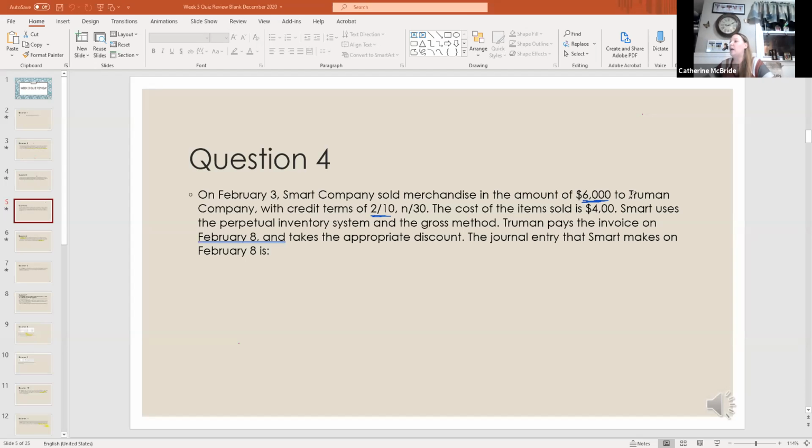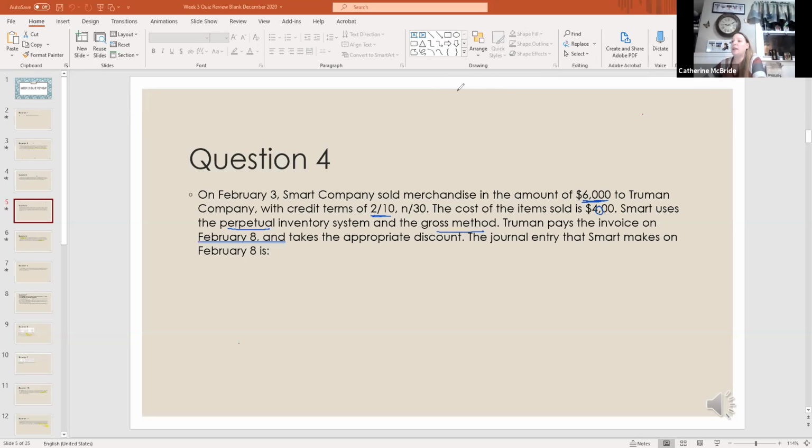The cost of the items sold is $4,000. Smart uses a perpetual inventory system and the gross method. Truman pays the invoice on February 8th and takes the appropriate discount. So we want to know, what is that journal entry?